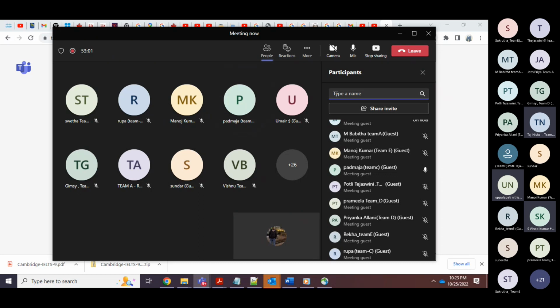The full form is Integrated Development Environment. When you break down these words, it is providing some sort of environment that will be used for your development.